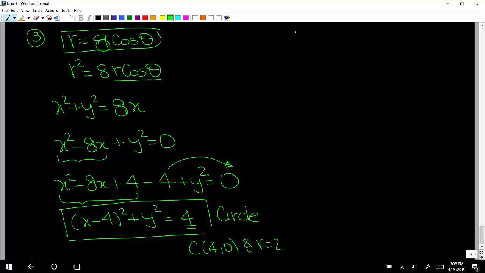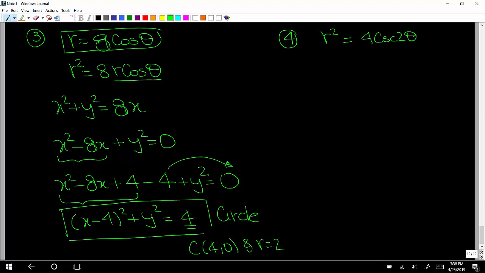So out here we did completing the squares. Let me do one last example of this. So let's say we have r squared is equal to 4 cosecant of 2 theta.